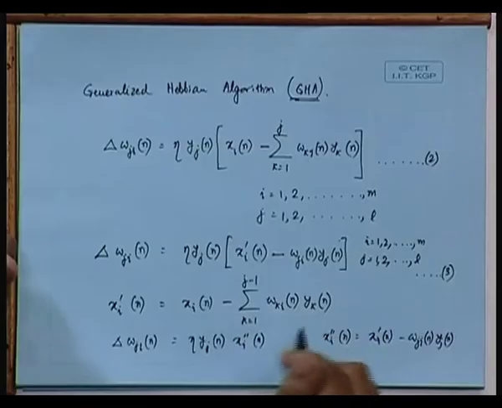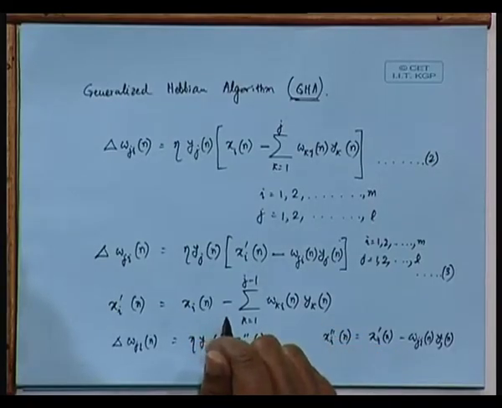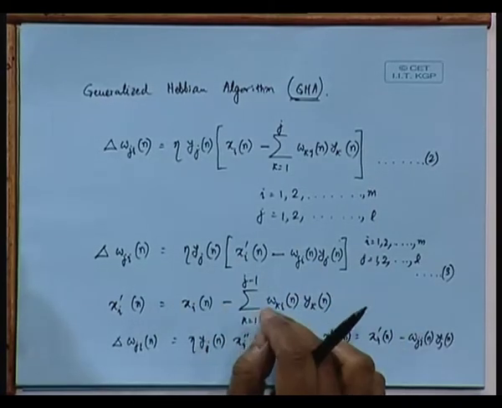At first we subtract the term for k equal to 1: from xi we subtract w1i(n) multiplied by y1(n), and then we get a result.